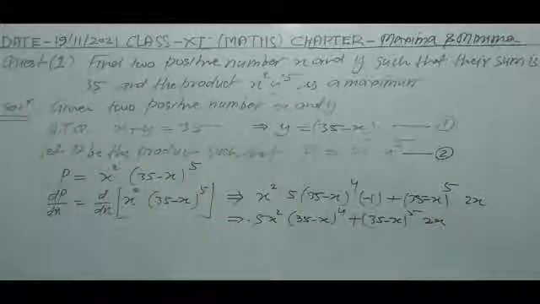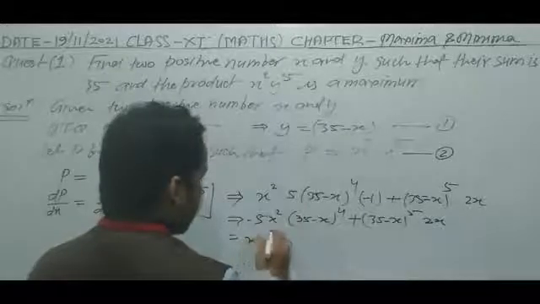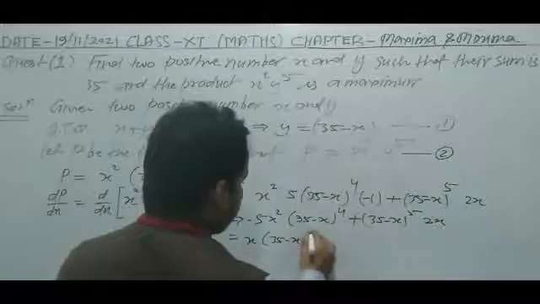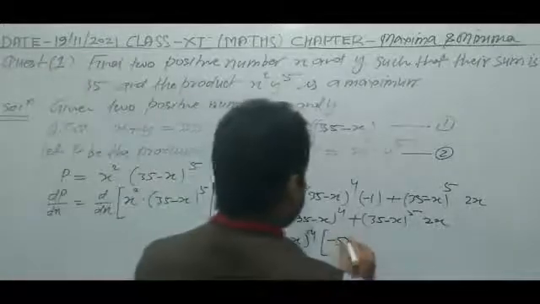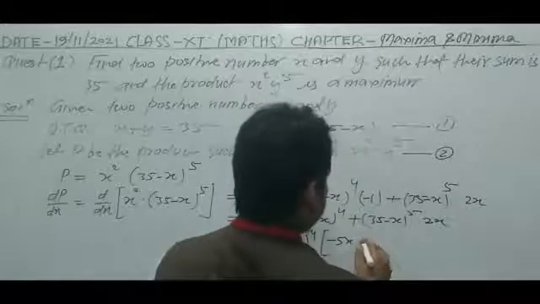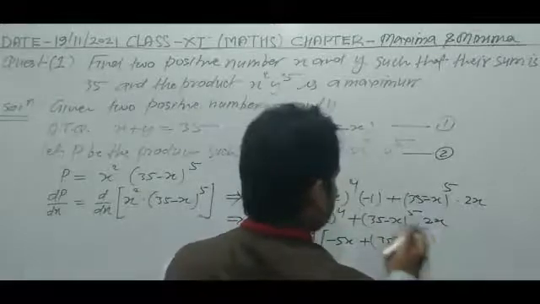In this expression, (35 minus x) power 4 is common, and x is also common. So we get x times (35 minus x) power 4 times a bracket. In the bracket we get minus 5x, and from the other term (35 minus x) power 1 into 2.